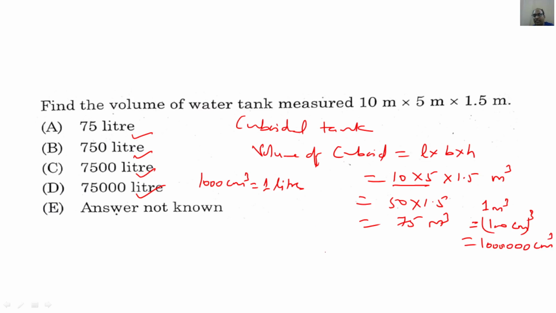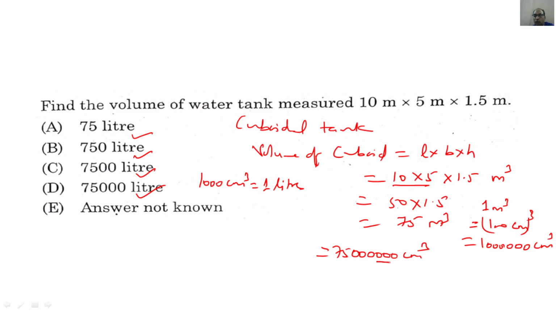So 75 meter cube will give you 75 into, or we can write directly 6 zeros, we can add, 2, 4, 6 centimeter cube. We have converted to centimeter cube.